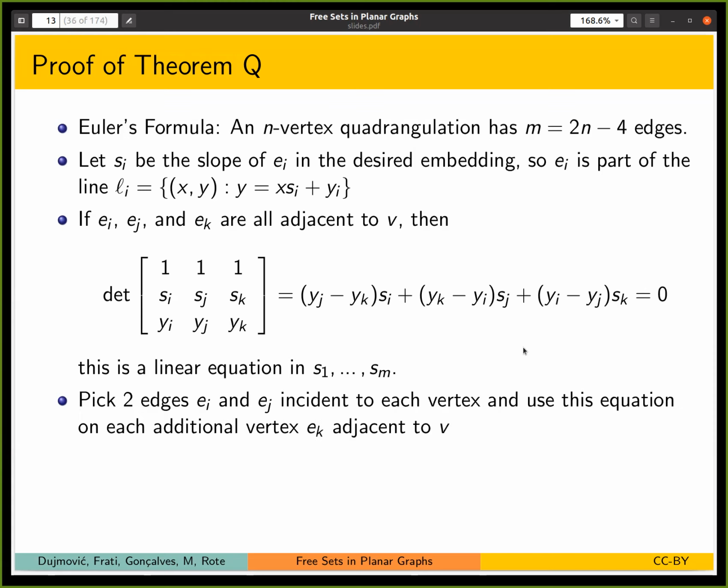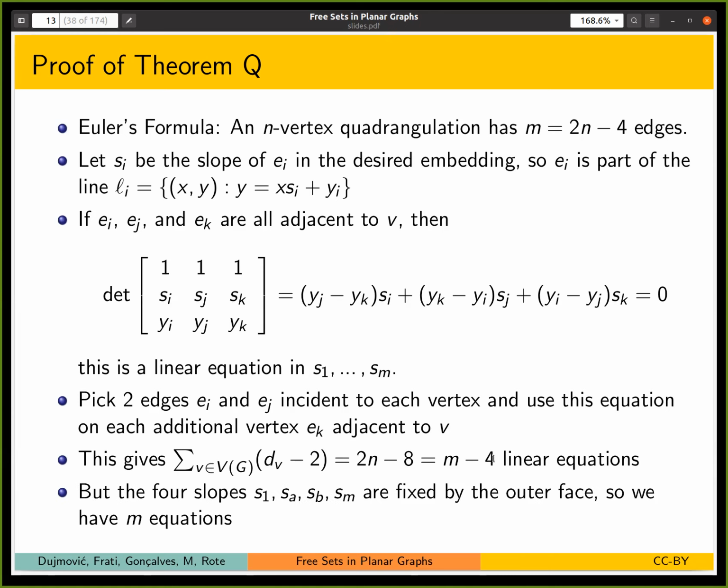And now, for each vertex, you pick two edges, and you use this equation for each other edge incident to that vertex. And what you find out is that you get m-4 linear equations this way. So we have m edges, and that means m slopes to solve for.